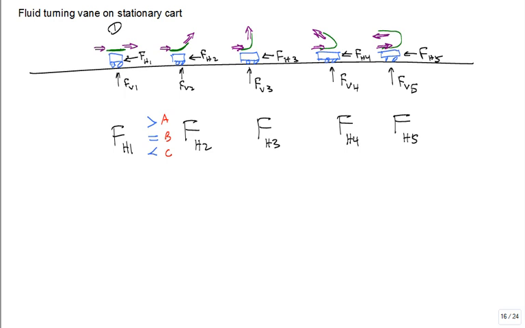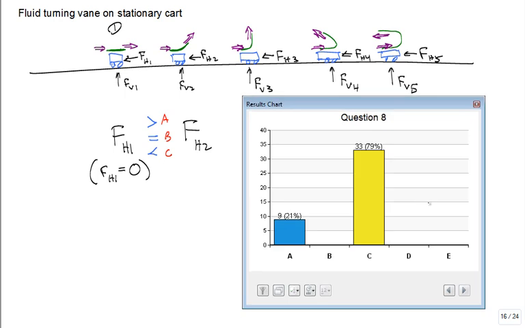So I back up a little bit. One of the ways to look at it is, can you tell what the magnitude of F_H1 would be? No, it's horizontal, not vertical, no weight, right? So it's 0. And then as it deflects, F_H2 is going to have to be larger and larger. So what's the right answer? C. Isn't C? C's the right answer.